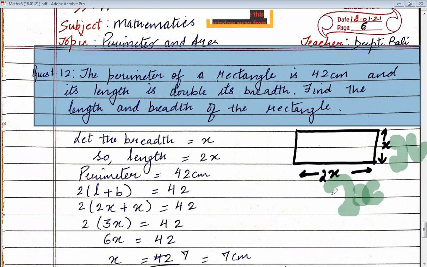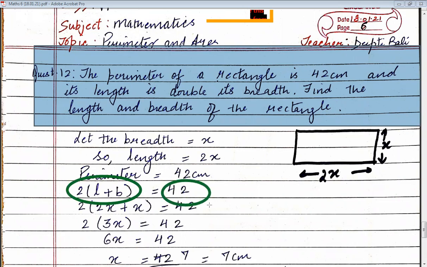Okay, so now let's use the formula to find the value of x. Now children, here our main thing is given, that is perimeter. What is given to us? Perimeter. Perimeter is equal to 42 centimeter. And now further we know the formula of perimeter of rectangle, that is twice (L plus B) is equal to 42.